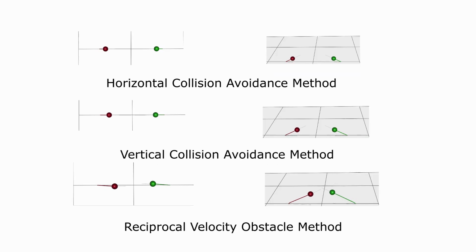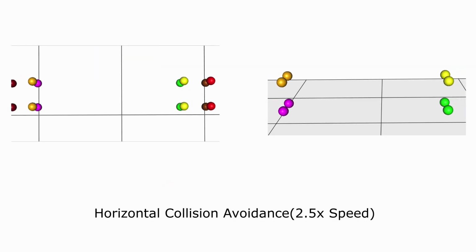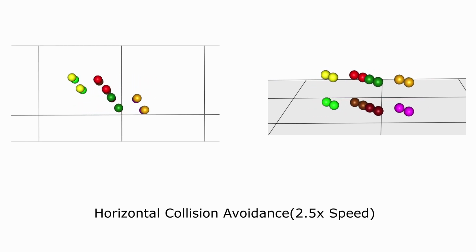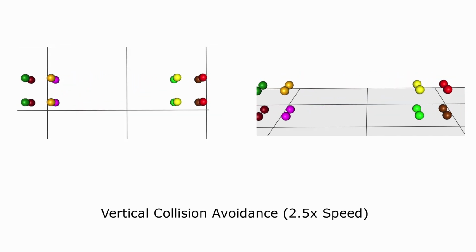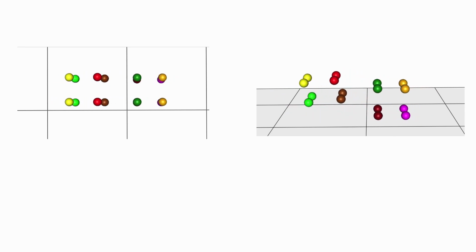Here are some results showing horizontal collision avoidance method on the top, vertical collision avoidance method on the middle and reciprocal velocity obstacle method at the bottom. More results. Thank you.